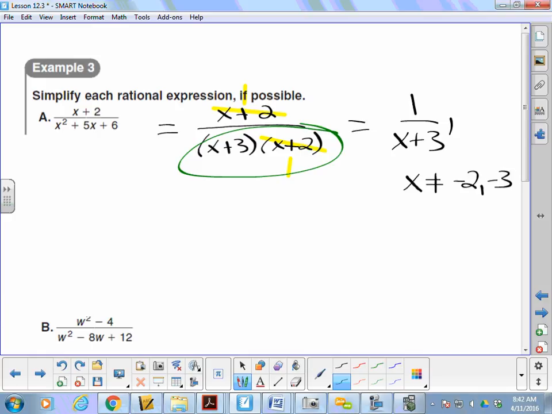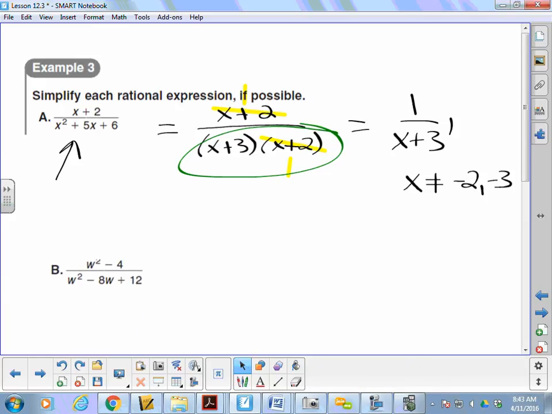Not just the negative 3 in my final answer, but I have to go back to the original. If I put negative 2 or negative 3 in there for x, I would get 0 in the denominator, and that can't happen. It's illegal.